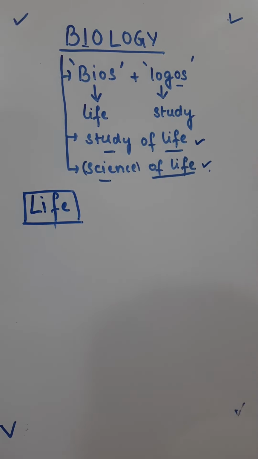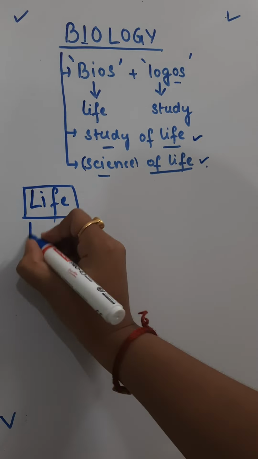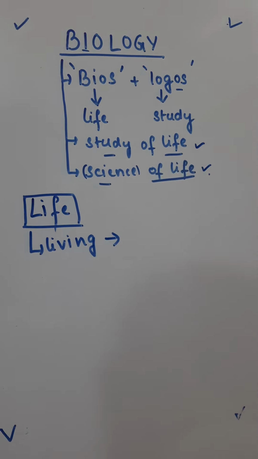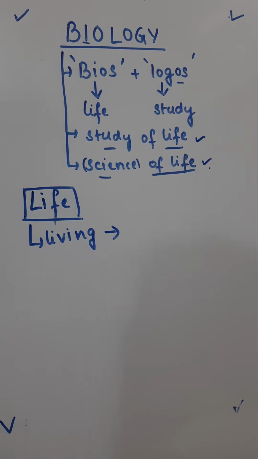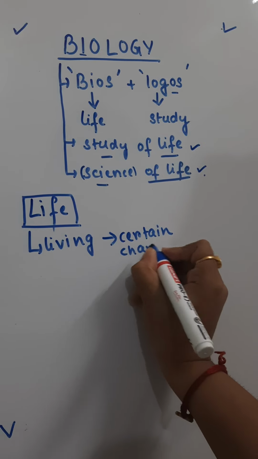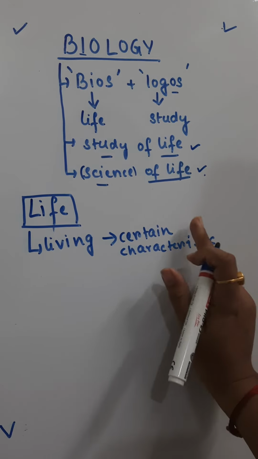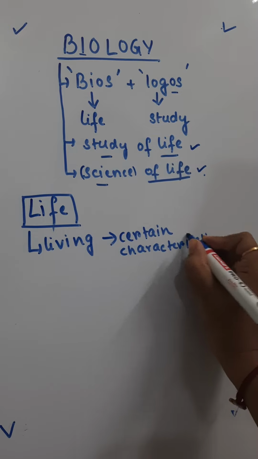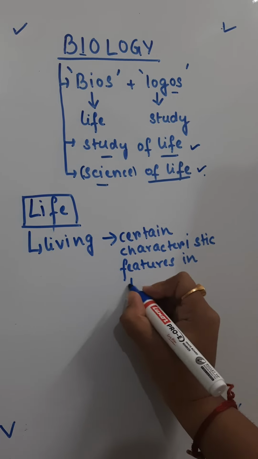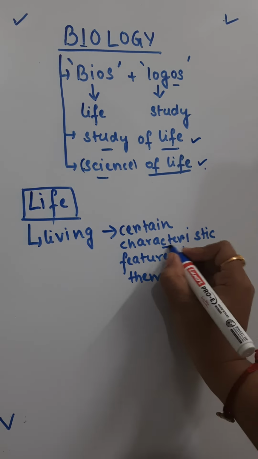We say particular organisms or things are living when they have certain characteristic features in them.